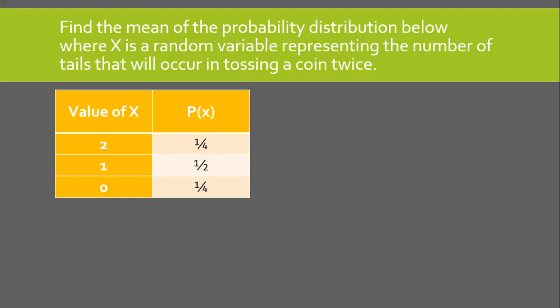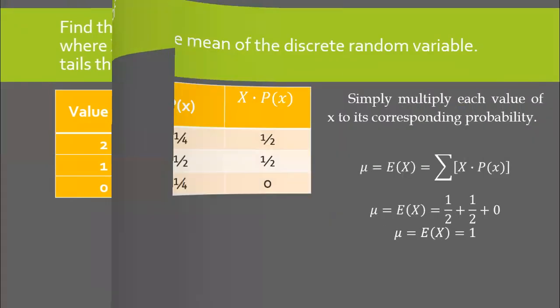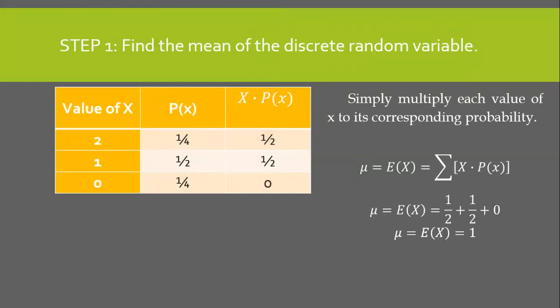So we have the following values of x: 2, 1, 0, which can also be lowest to highest, and its corresponding probabilities. Now, for step 1, find the mean of the discrete random variable. How do we solve it? We multiply the value of x with its probability, and then you just get the total.